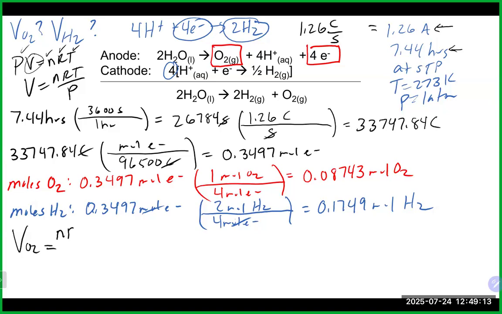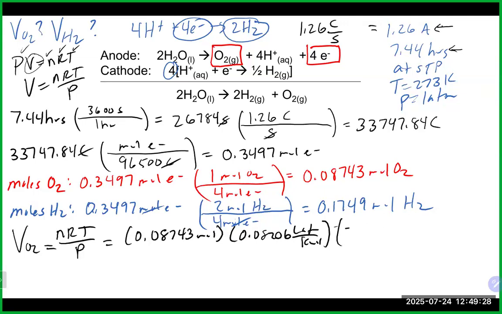That will be nRT divided by P. Our n for oxygen, 0.08743. Our R, 0.08206. Temperature at STP, 273 Kelvin, all divided by 1 atmosphere, which is also STP conditions.